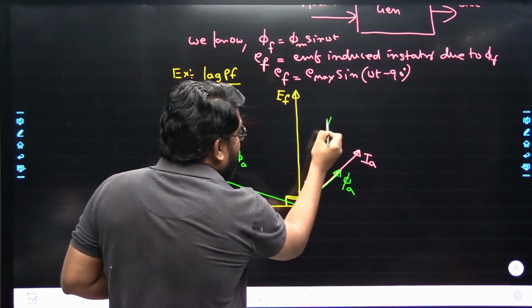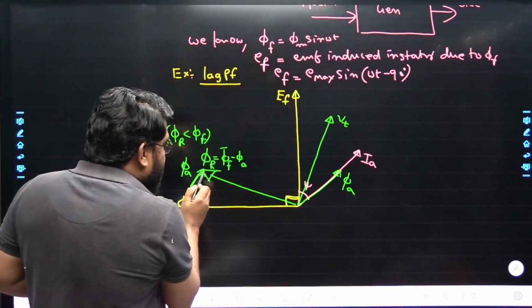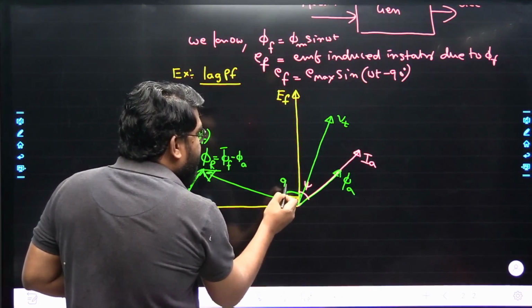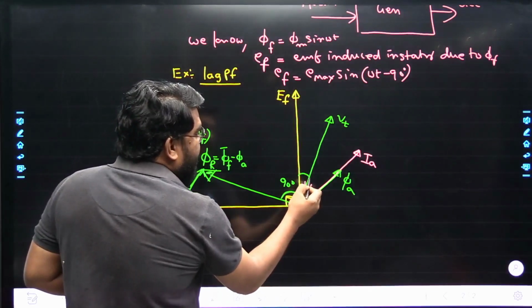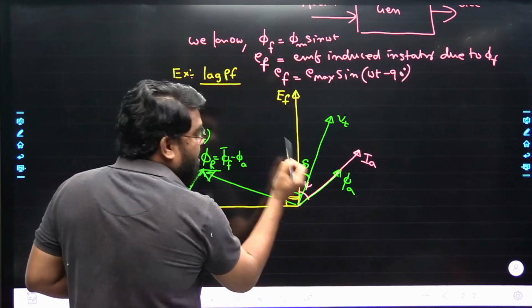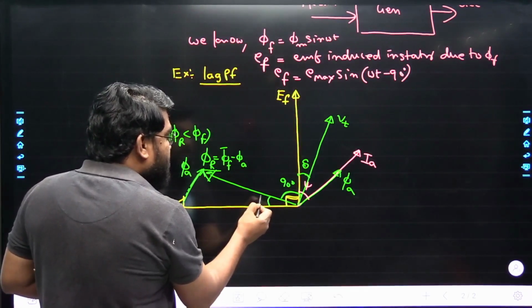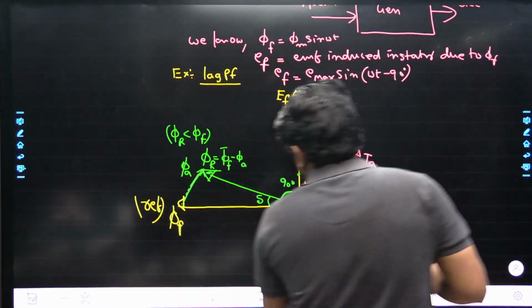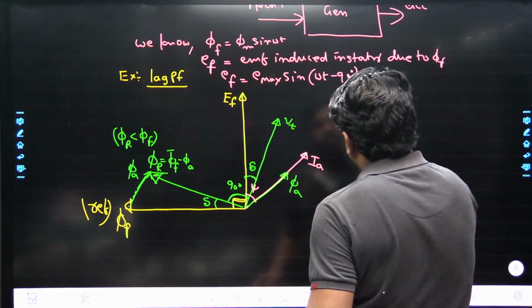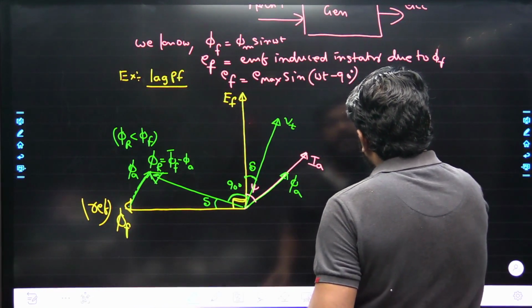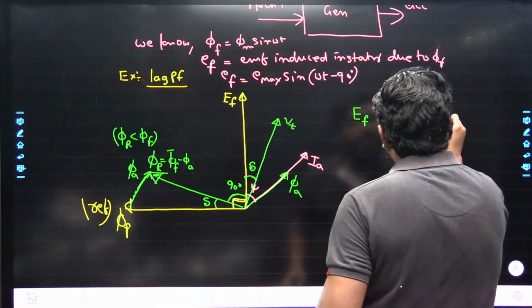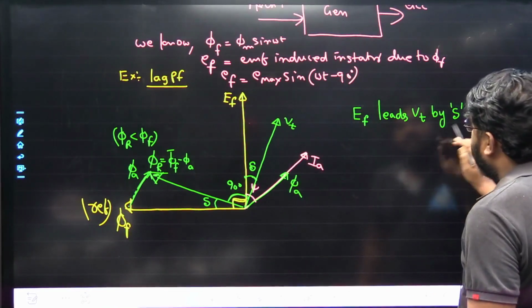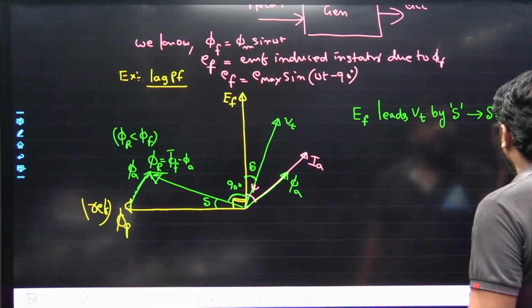Now what about the terminal voltage VT? This angle is 90 degrees, and the angle between these two is delta, the load angle. So the excitation EF leads the terminal voltage VT by delta, and delta is positive.